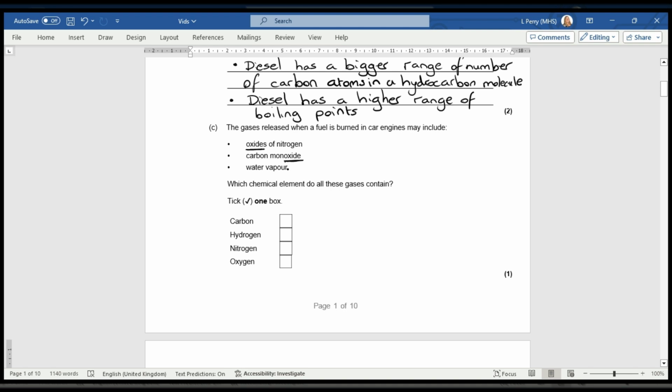Now, water doesn't have oxide in its name, but if you think about what the chemical formula of water is, H2O, the O stands for oxygen. So I've got oxide, oxide, and we know there's oxygen in here. So all of these contain oxygen.